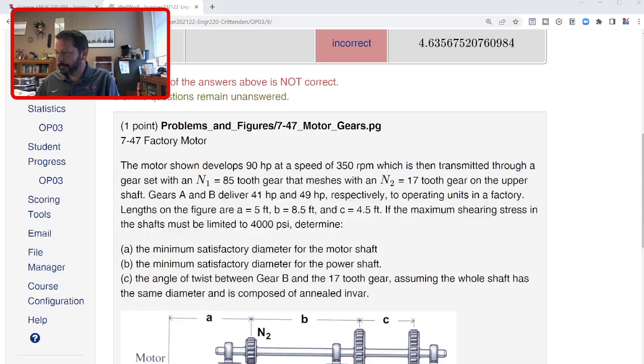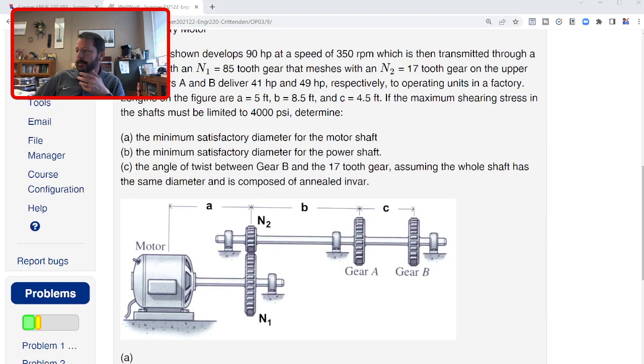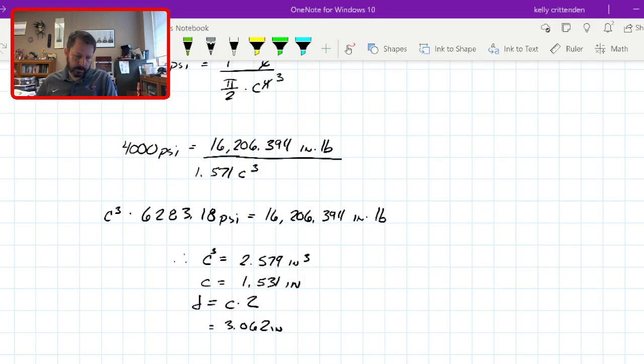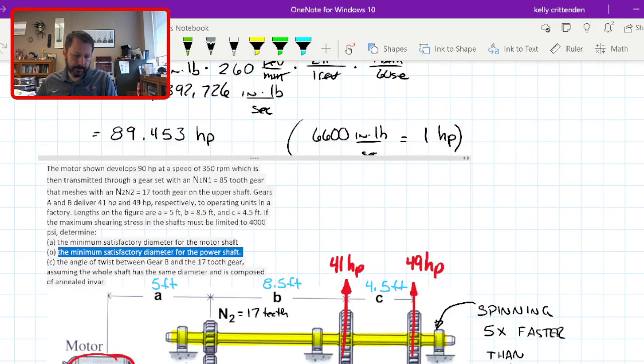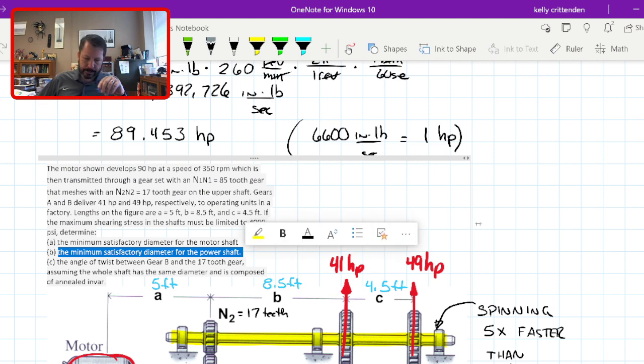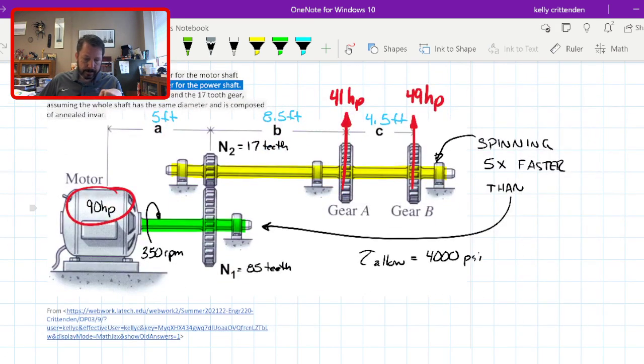All right. The next thing would be, and we won't need to do the whole next thing, but let's do the setup for the next thing. So let's go back over to here. So the next part is the minimum satisfactory diameter for the power shaft. So the yellow shaft. So the deal here is that you've got this gear ratio.